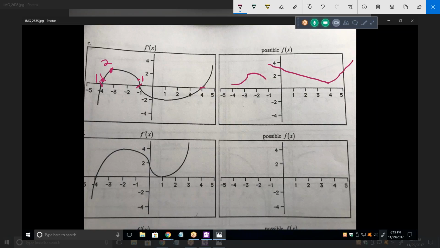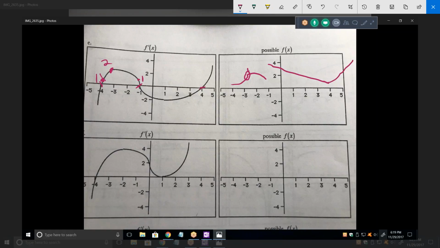So shouldn't, on the original, that's a measure of steepness of slope. Well, shouldn't it still be increasing? That's the steepest slope right there at -3. Right. That's where my slope should be the steepest. Okay?